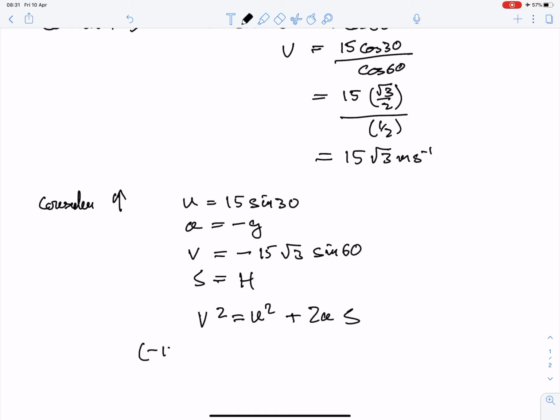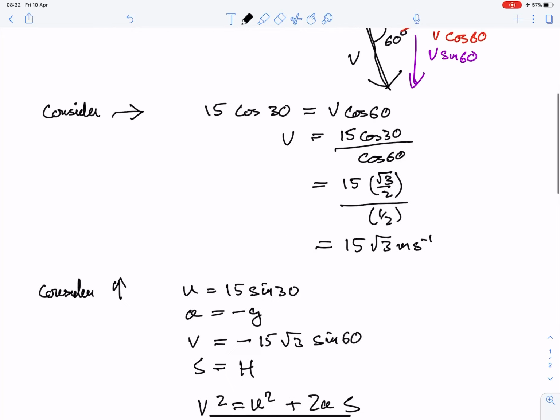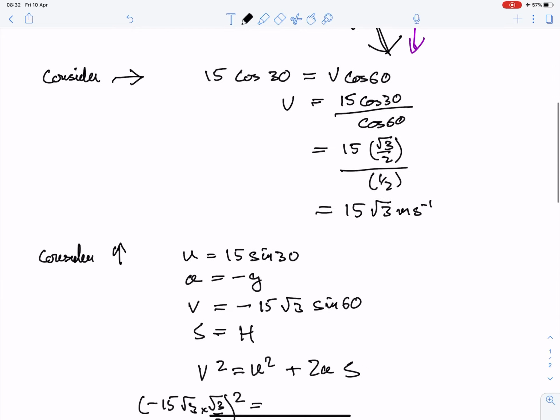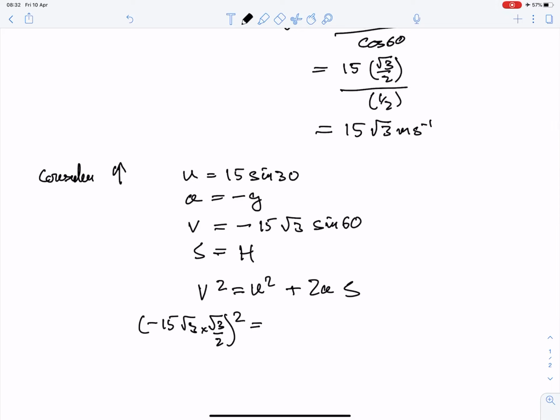So negative 15 root 3 sine of 60, sine of 60 is root 3 over 2, all squared equals U squared, which is 15 sine 30, sine of 30 is a half, so 15 over 2 squared, minus 2gh. They're negative because the acceleration is negative.